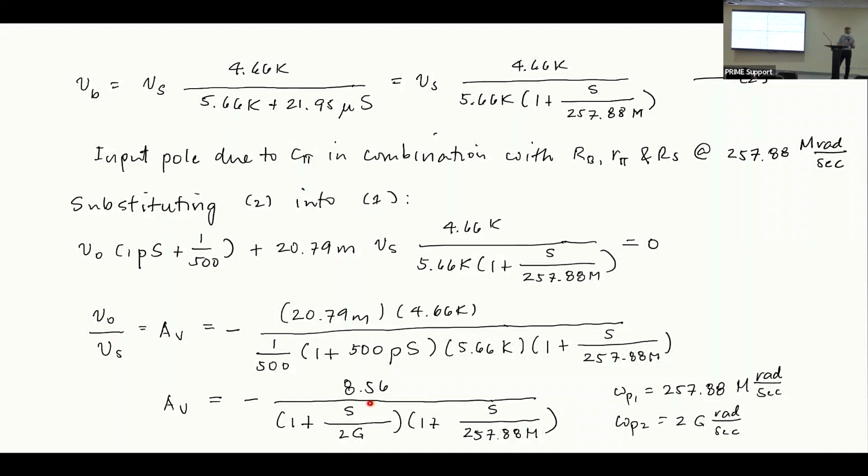So ito ngayon yung, and then I combine, no? 20.79 M multiplied by 4.66K divided by 1 over 500 divided by 5.66. So now my DC term ends up being 8.56, a single DC term. And then now this is now in the form that I want.